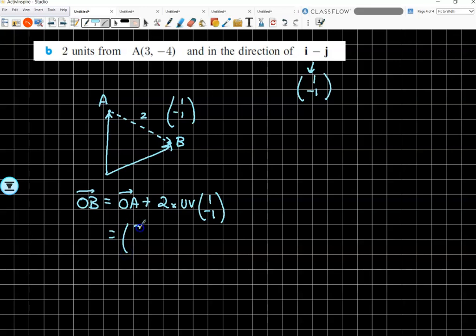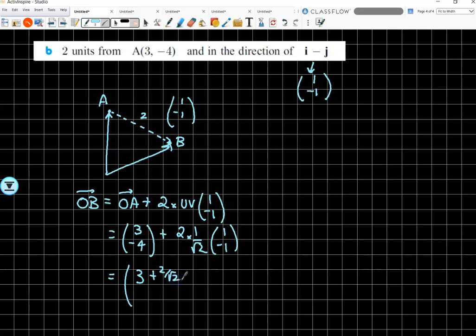So we're not messing around here. Let's do this swiftly. They shouldn't take all day. All right, it's 2 times, now once again, 1 squared plus minus 1 squared, root 2, 1 minus 1. So we get our vector 3, 2 on root 2 times 1, so 3 plus 2 on root 2.